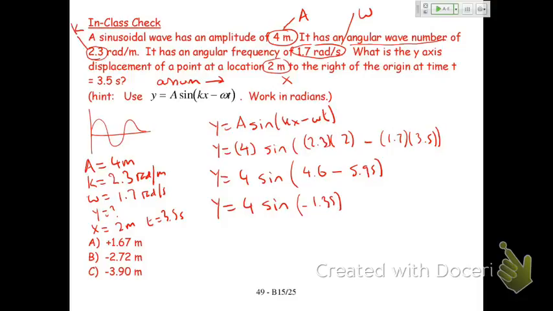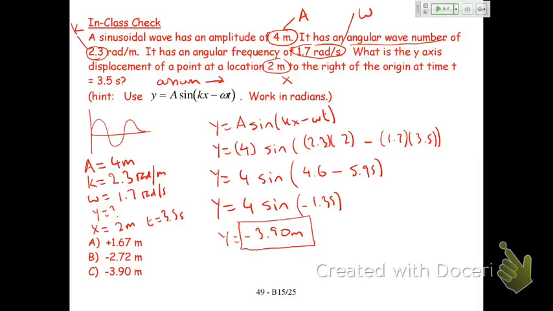Then I clear, and I go 4 times sine of minus 1.35. And I'm getting minus 3.90. That just means that it's below the equilibrium position.